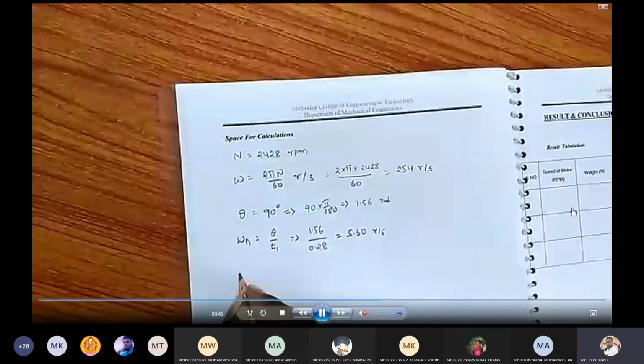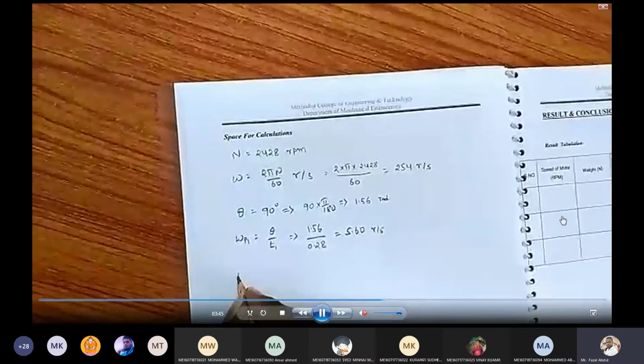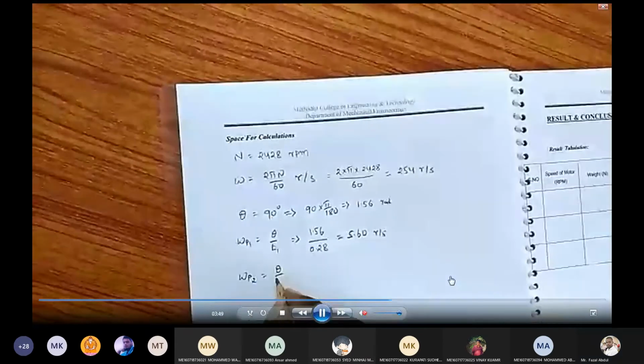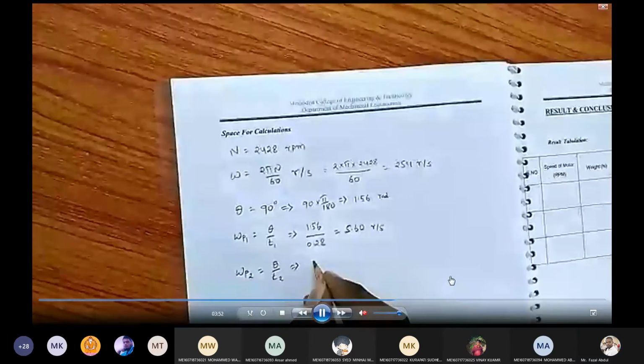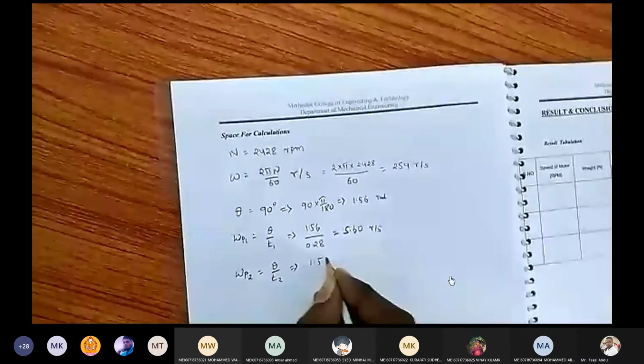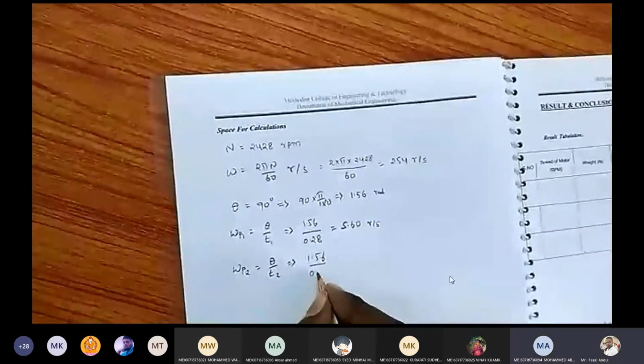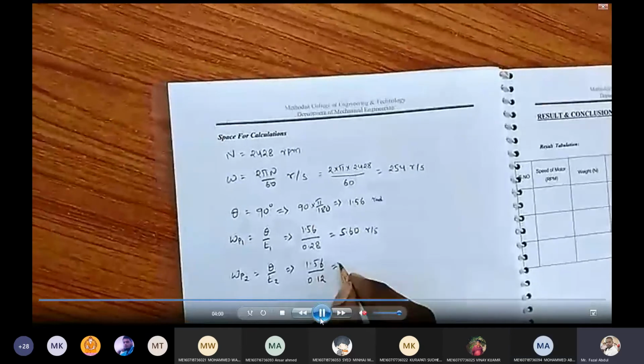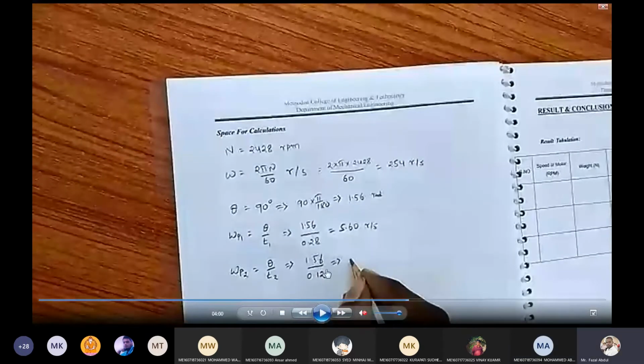For the second load, 1.5 kg. So that is omega P1. First one omega P1, this is omega P2.